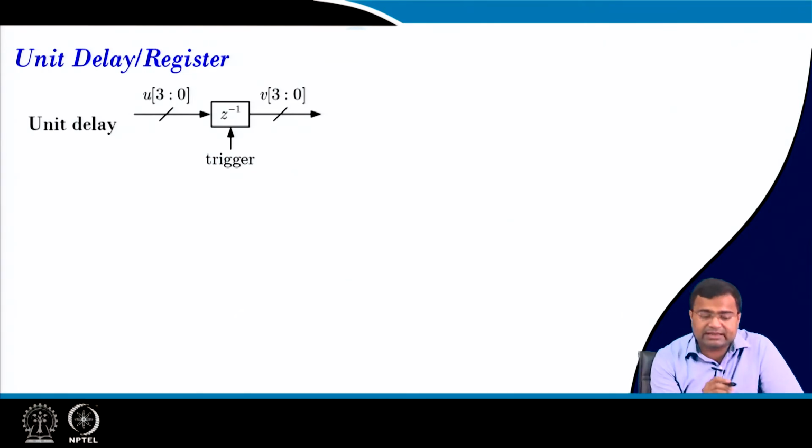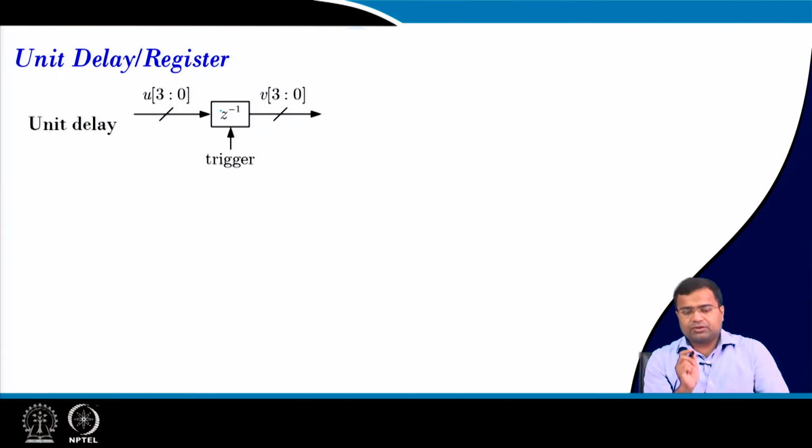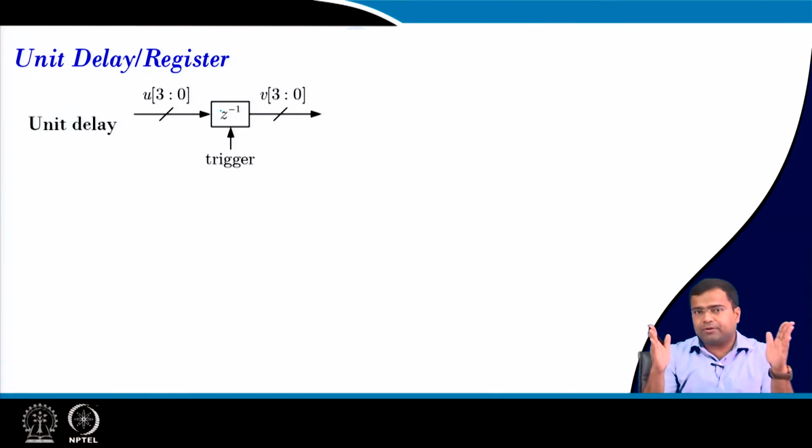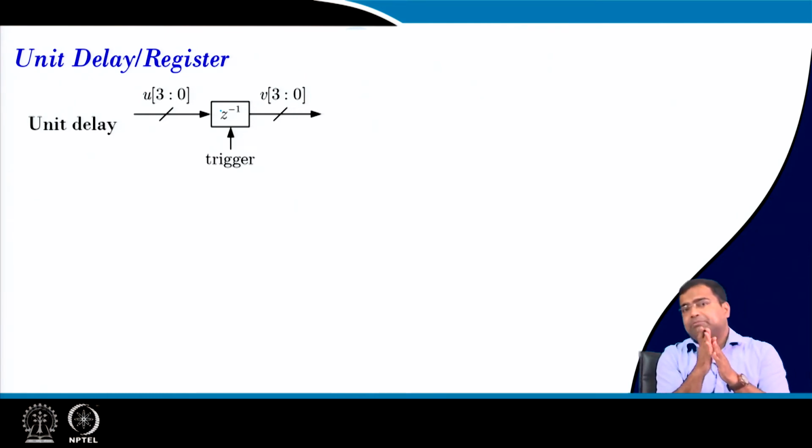First we need a delay block. How does the delay work? Delay means unit delay, so you need to delay with respect to a clock. That clock can be a time-varying clock, that means non-uniform, or it can be a uniform clock, or the clock edges can be different, but we need just one delay between two edges of the clock.